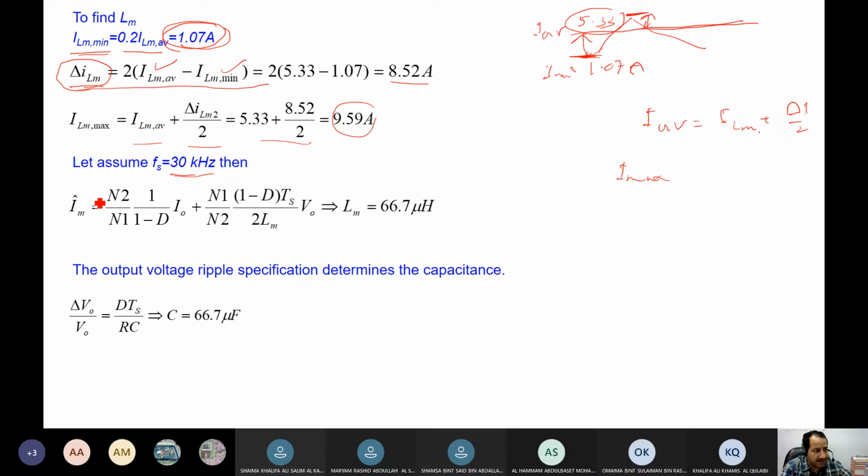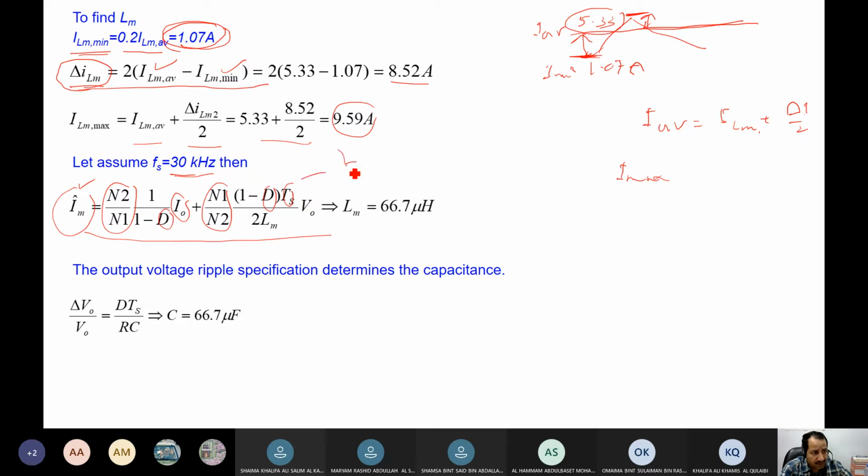Now next I will find the maximum current. Sorry, the inductance. You want me to find the inductance. I have formula for I maximum. Let me see what I have. I maximum, I have it already. Okay. Ratio, I have it. D, I have it. IO, VO over RO, already calculated.